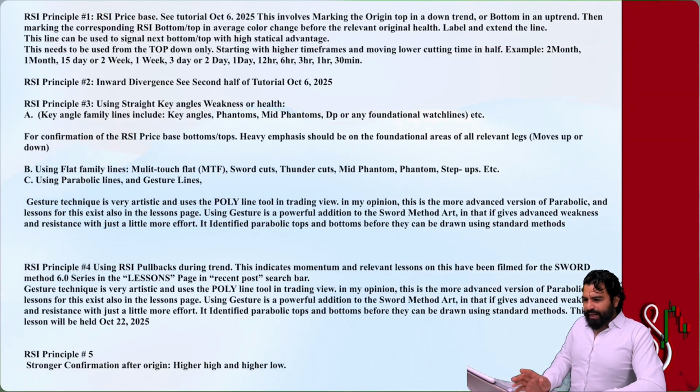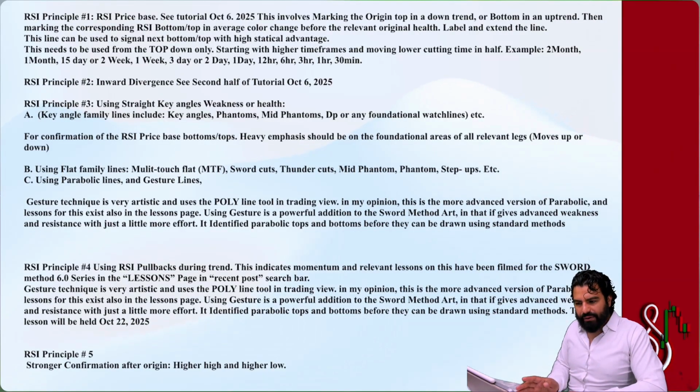RSI principle: price base. See tutorial number 6. Our price base involves marking the origin of a top in a downtrend or a bottom in an uptrend, and then marking the corresponding RSI bottom and top in the average color change before the relevant origin.